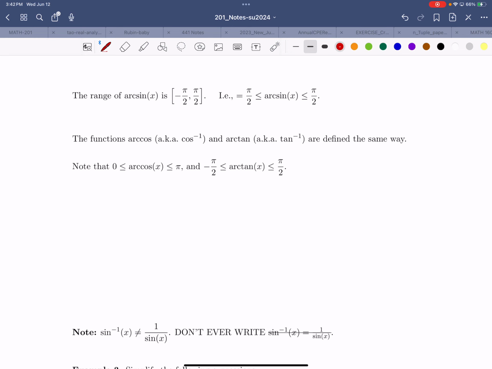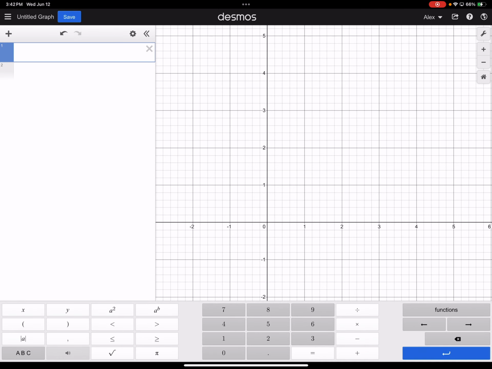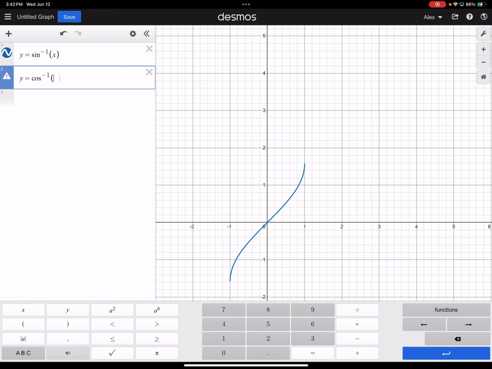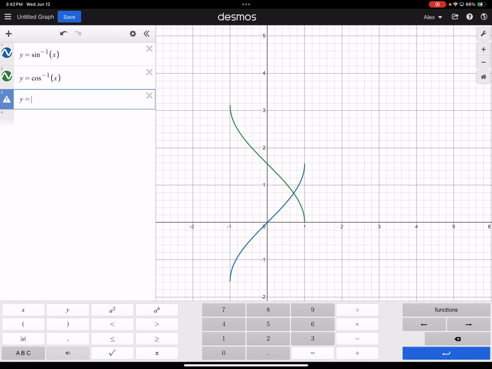Just to kind of show you using Desmos here, that's the graph of arc sine. That's the graph of arc cosine. And then it's the graph of arc tangent.